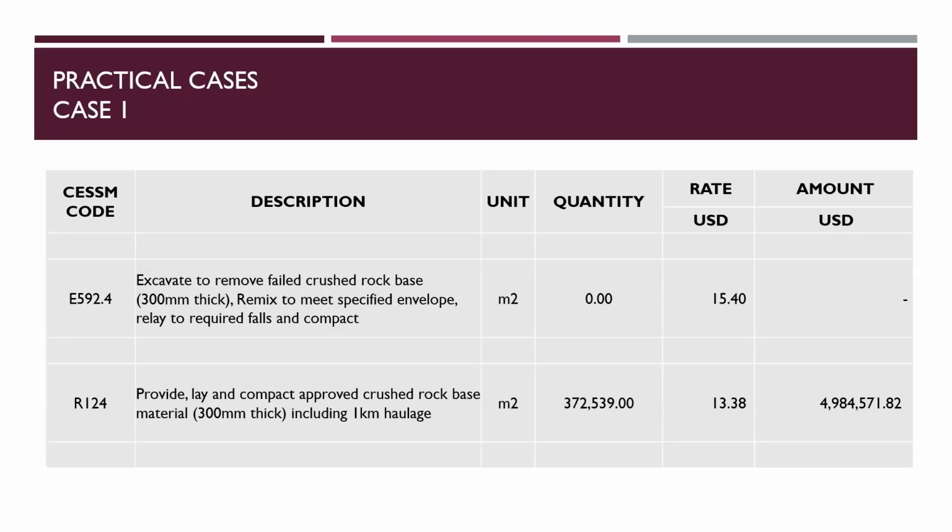And he's charging 13.8. So you clearly see that the rate for the first item, which is already on ground, where you just go and scarify and mix up and compact, is more than he is going to get for the material fresh from the ground to come and do the work.